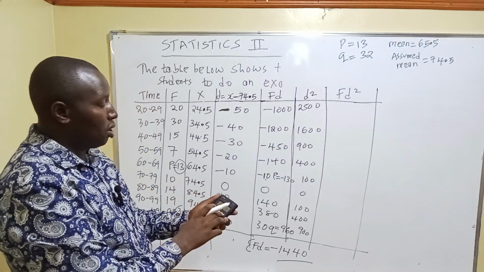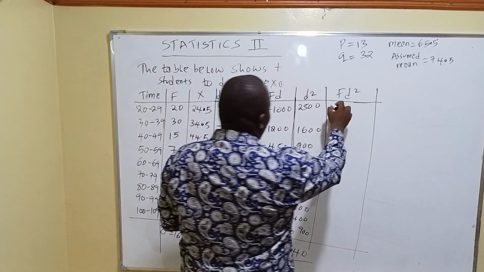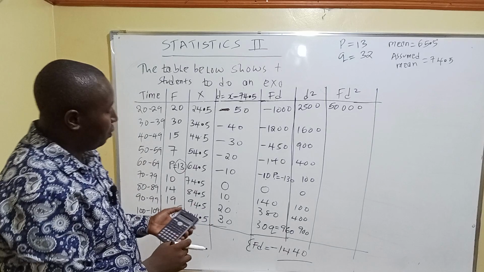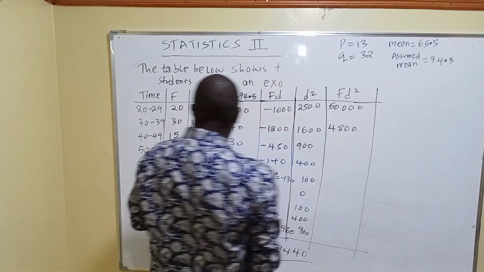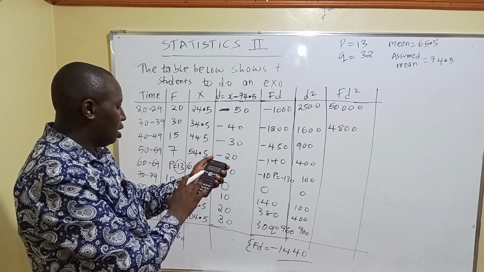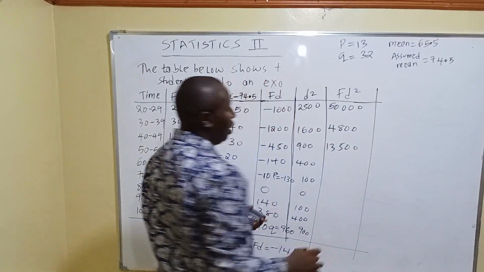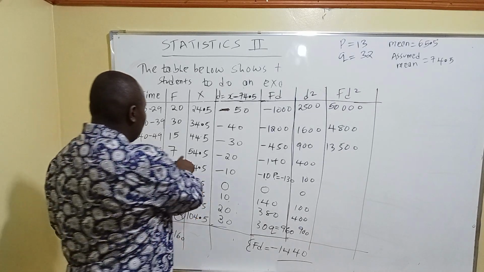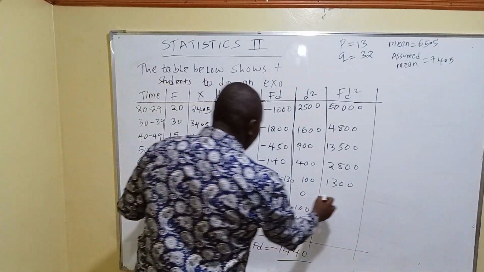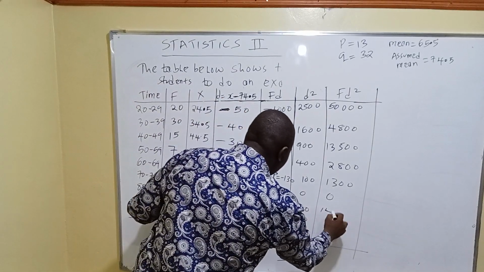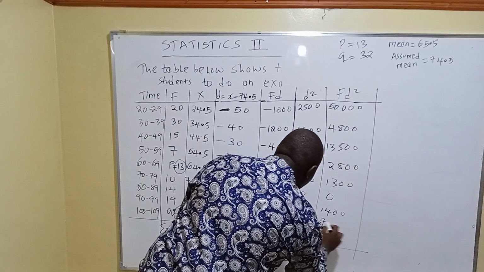Now deviation squared multiplied by F. 20 times 2500 becomes 50,000. 30 times 1600 is 48,000. 15 times 900 comes to 13,500. 7 times 400 is 2,800. 13 times 100 is 1,300. 10 times 0 is 0. 14 times 100 is 1,400. 19 times 400 is 7,600.